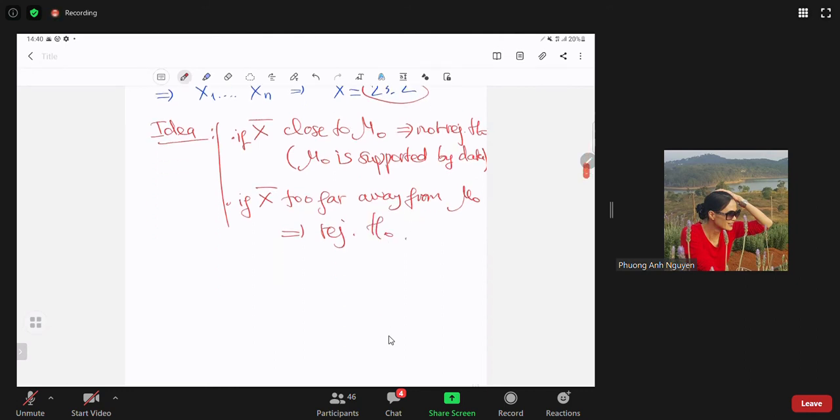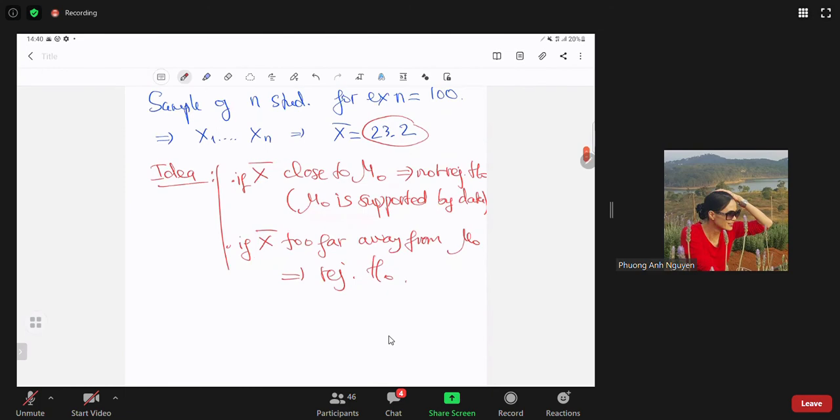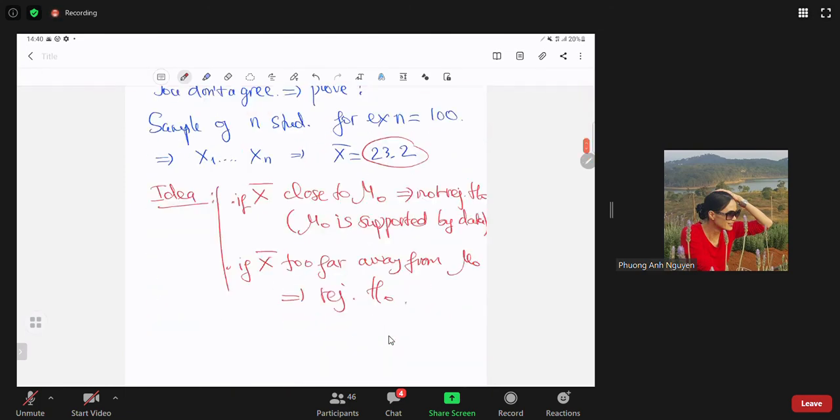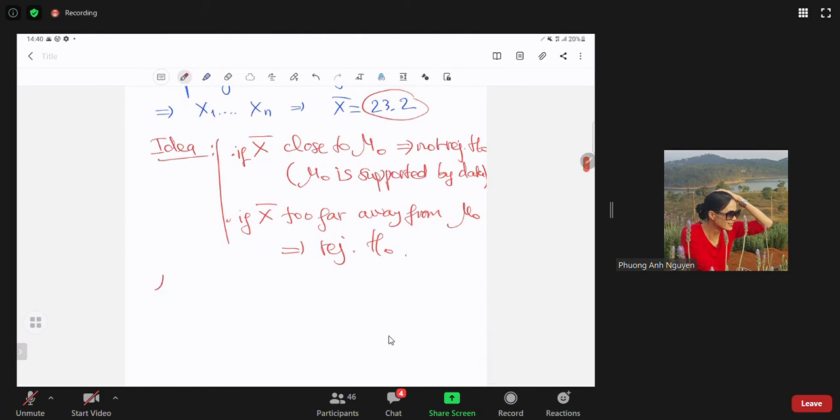So if you know the confidence interval, for example, if I want to test, now I fix the value of alpha at 5%, significance level 5%.